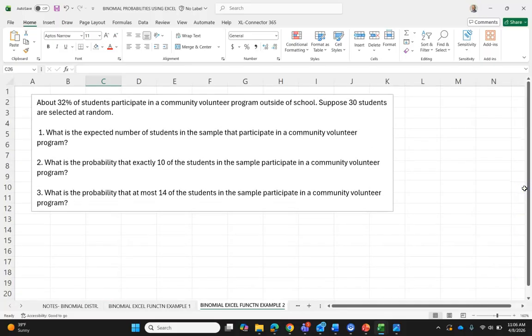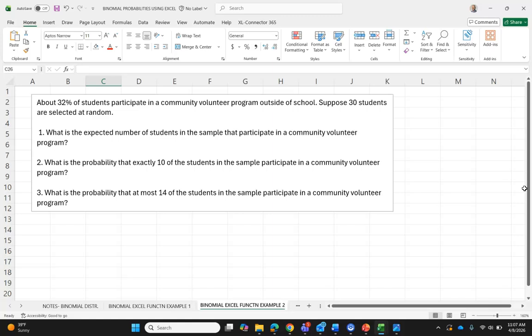So this says about 32% of students participate in a community volunteer program outside of school. So suppose 30 students are selected at random.